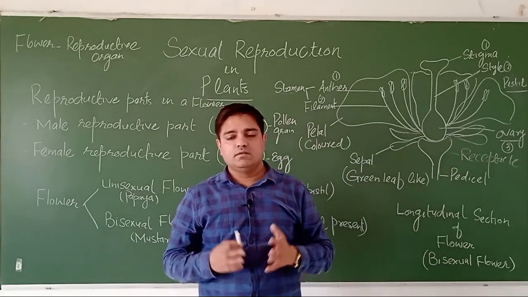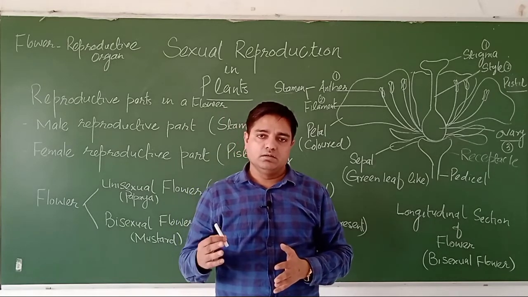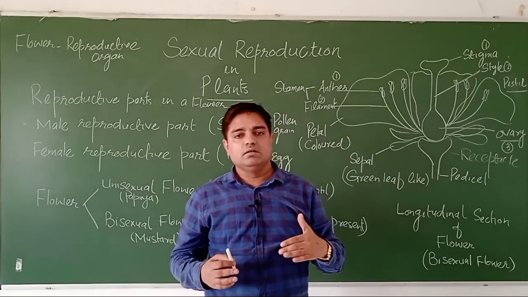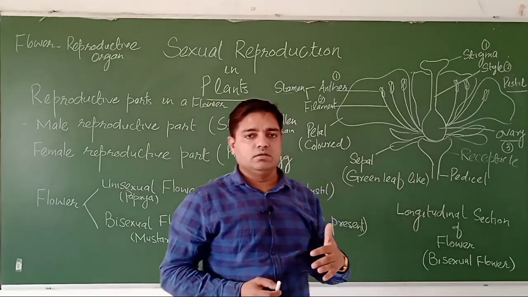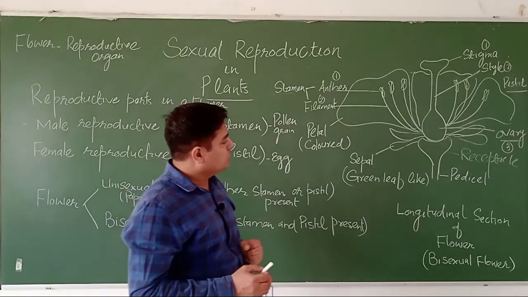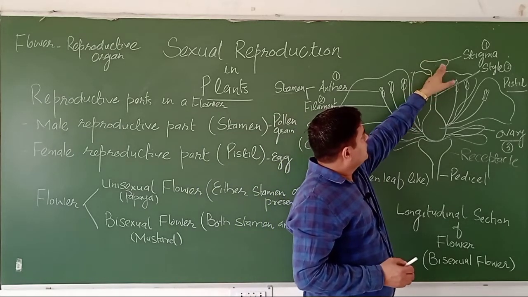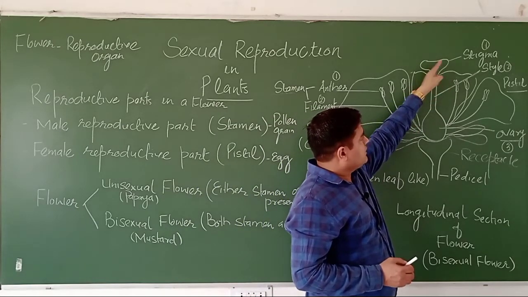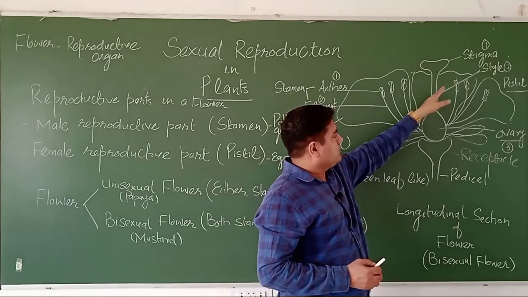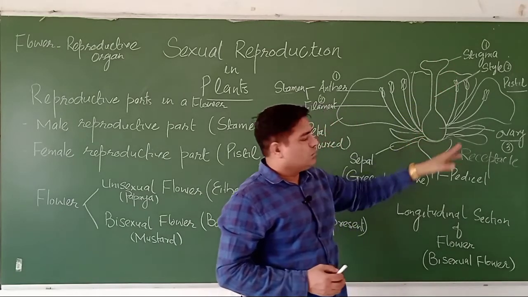Inside the ovary there is an ovule and egg. The egg is the main female germ cell of a flower.